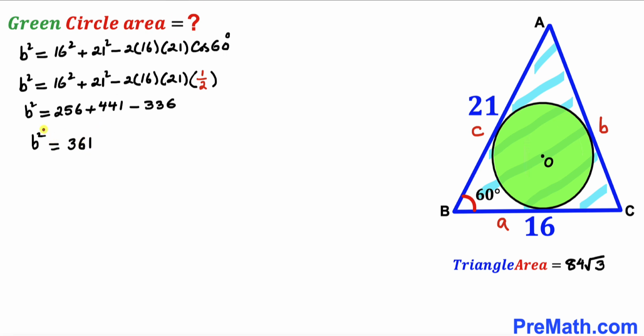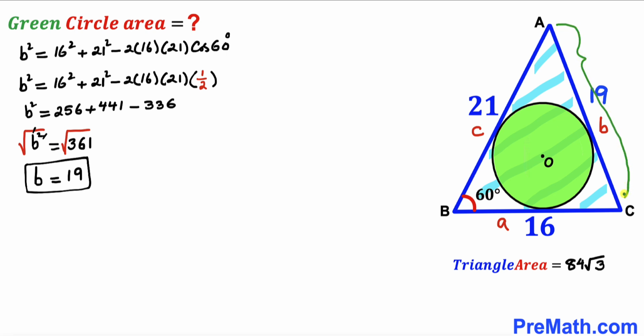Now I am going to undo this square on both sides, so the square and square root are gone. Our lowercase b value turns out to be 19 units. Thus this side AC turns out to be 19 units.